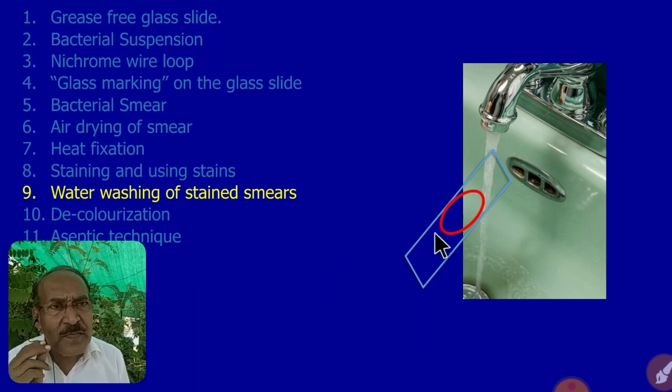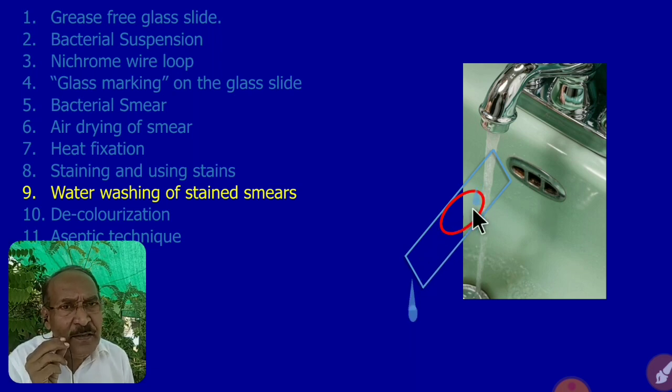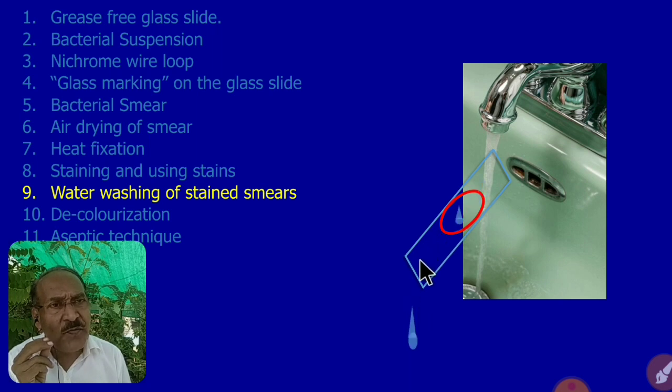What do you have to do for this? Simply lift the slide, having stain already on it, from the slide bridge and hold it inclined under a gentle water flow. It should not be very heavy, or very less either. If you keep the slide inclined in a gentle water flow, the water will start flowing from the top, and as it flows over the smear, the unused stain gets dissolved in water, and the water takes that stain off the smear.